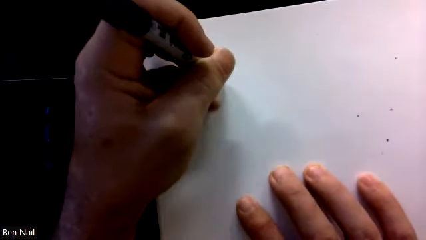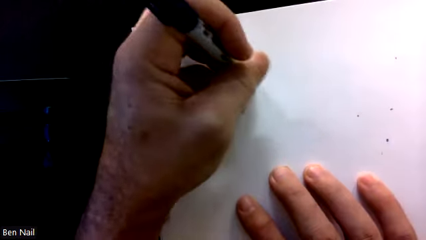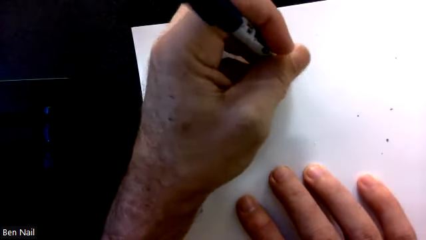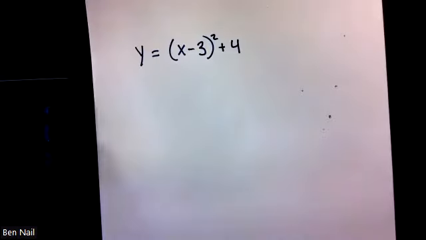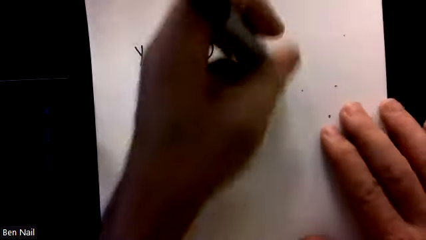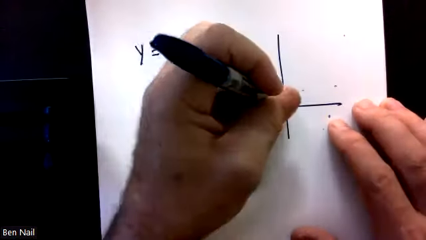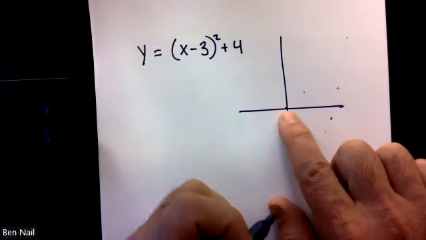So if I asked you to sketch y equals (x minus 3) quantity squared plus 4. Okay, in my initial function, the vertex was here at 0, 0, but now we're going to shift.